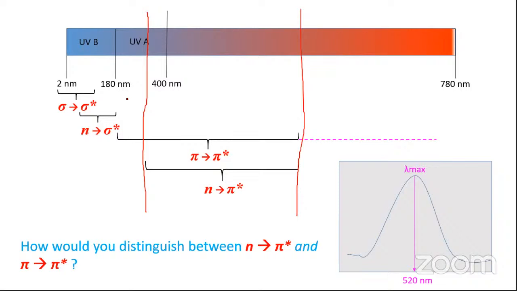Pi to pi star or n to pi star? Pi electrons are more stable in giving you a stable bond, or the sigma electrons are more stable in giving you stable bond formation? Sigma electrons. Obviously, sigma electrons are more stable. And what was the reason that we discussed in the last class? Why is it so?